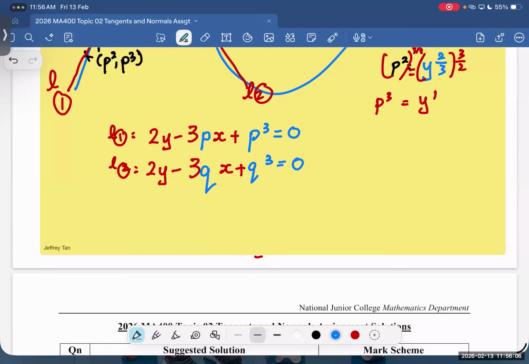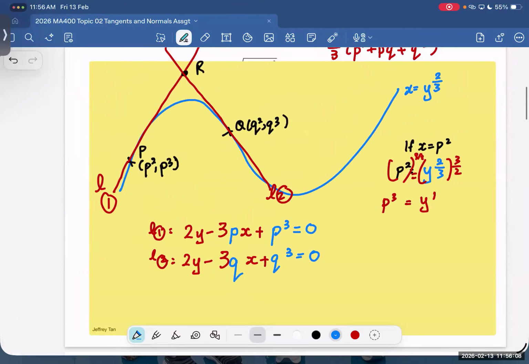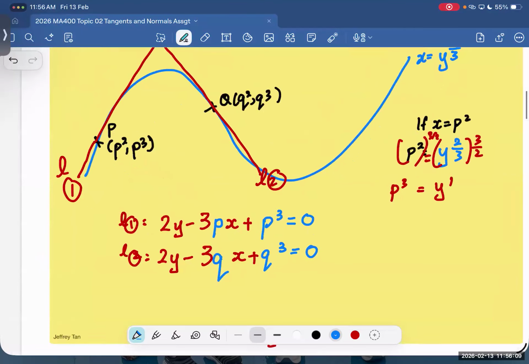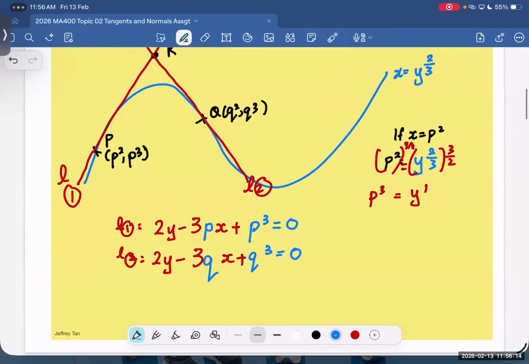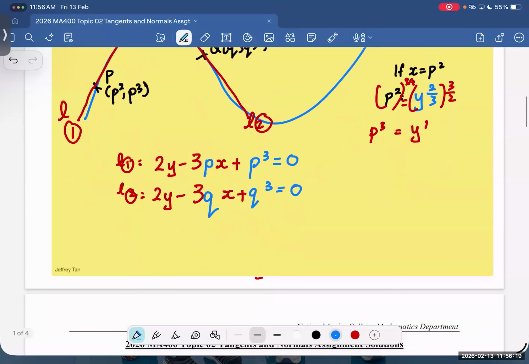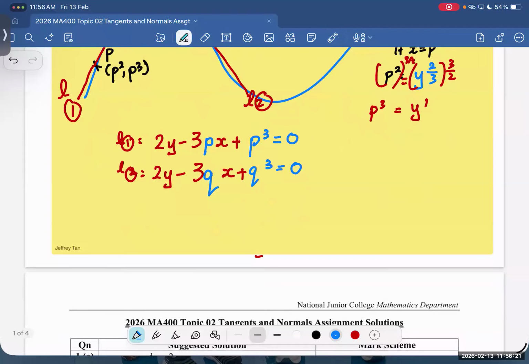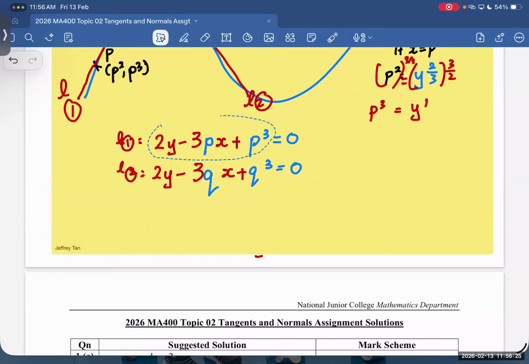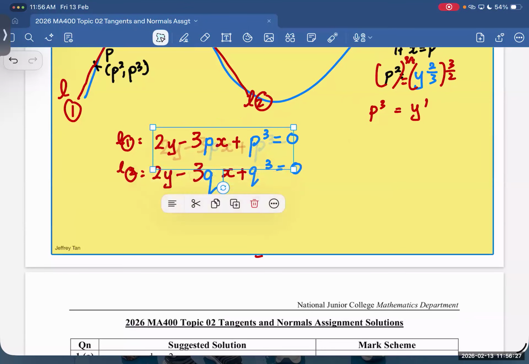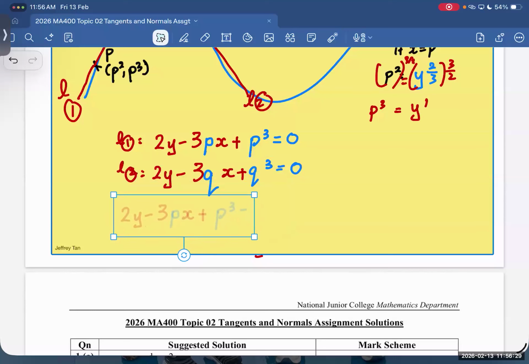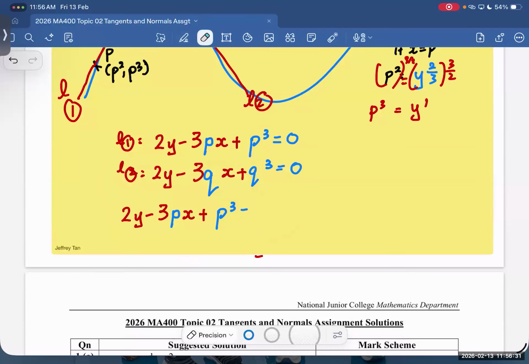These are two equations. Now you know that line 1 and line 2 intersect at R. What will you do with these two? Sub together, common sense, right? So I equate. Let me try to take the lazy way. I wonder if this works. Oh yes, it works.